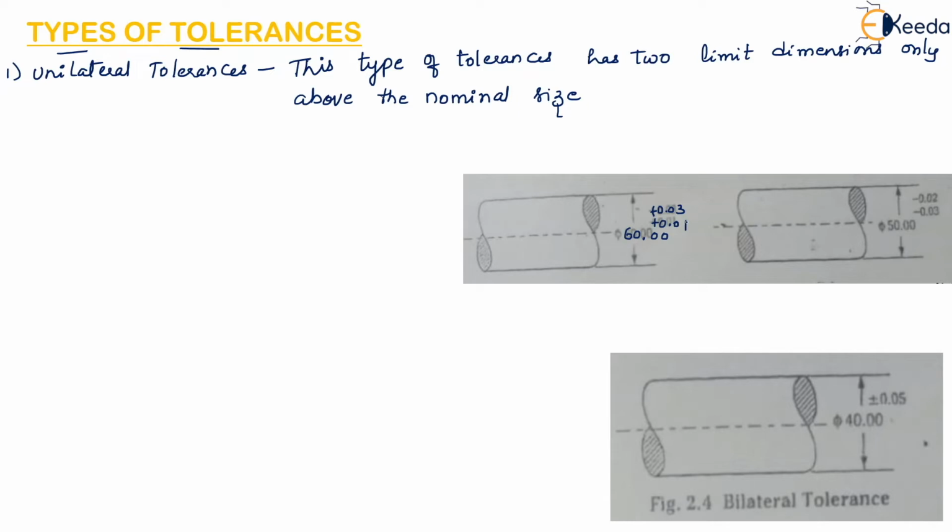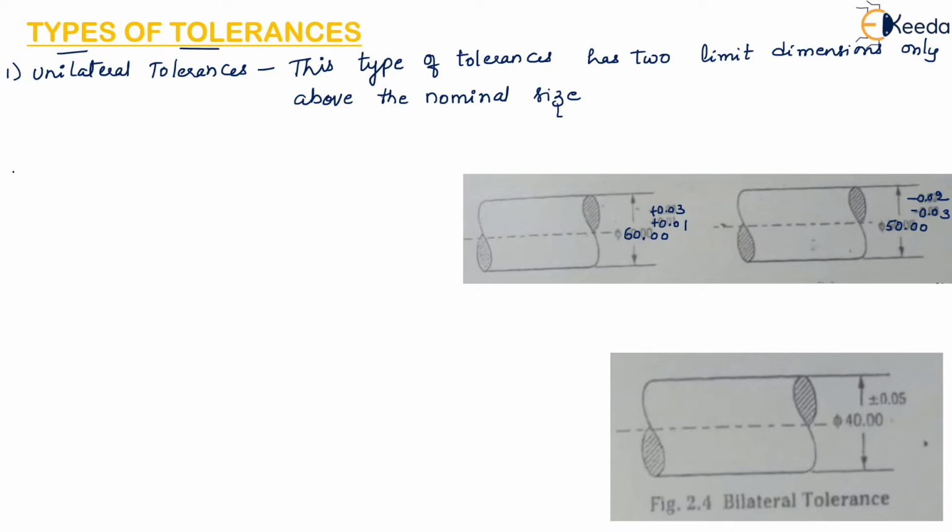And here they have given 50 as the diameter, and the limits are given as minus 0.02 and minus 0.03. So we can decrease this 50 diameter by 0.02 or 0.03. Here we can increase this 60 diameter by 0.03 and 0.01. So that is the meaning of the unilateral tolerance.